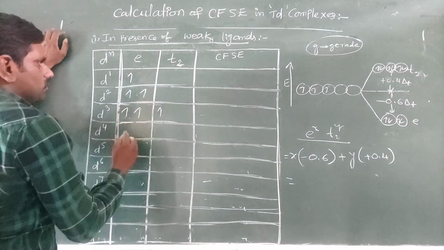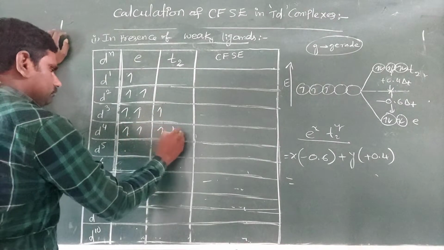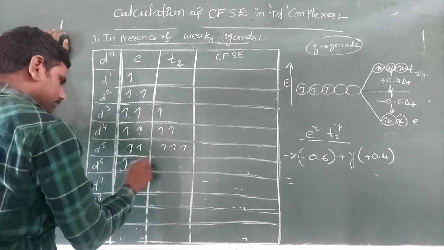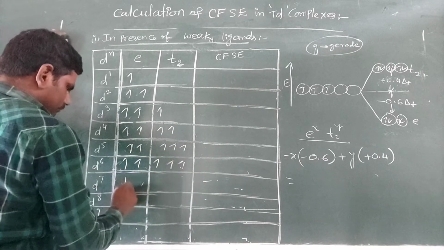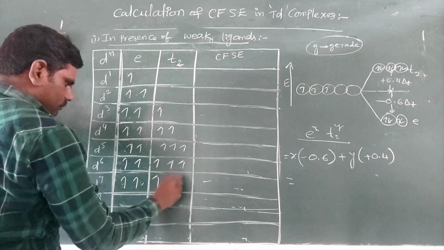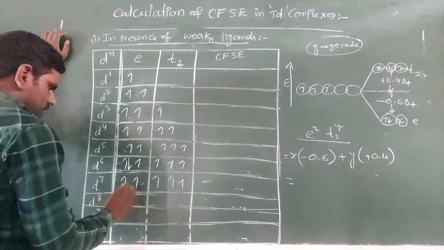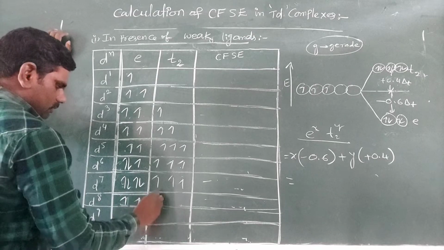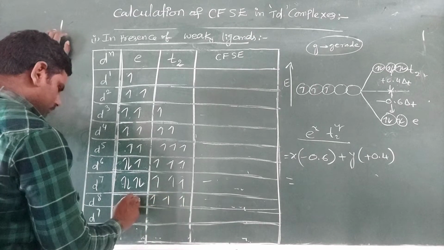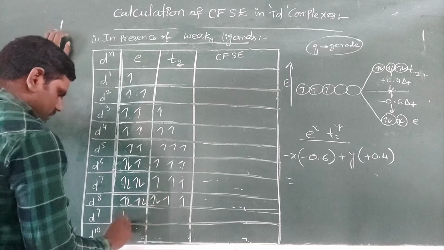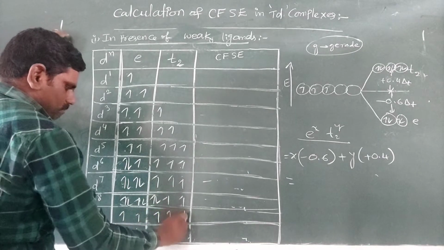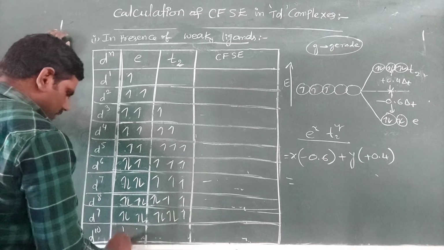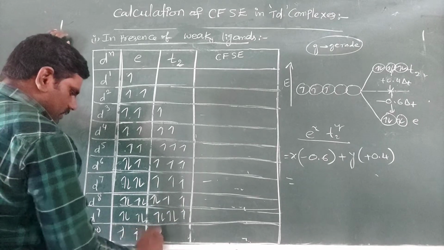So the electron goes to the T2 orbital. Here D6, D7, so D8 like this, D9, D10. All electrons are here.